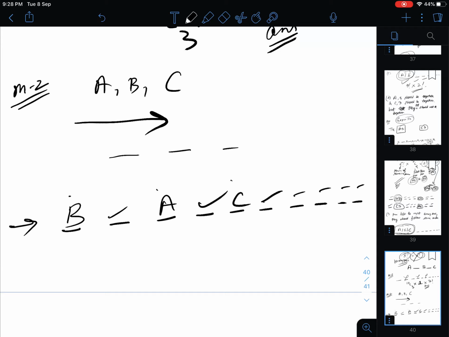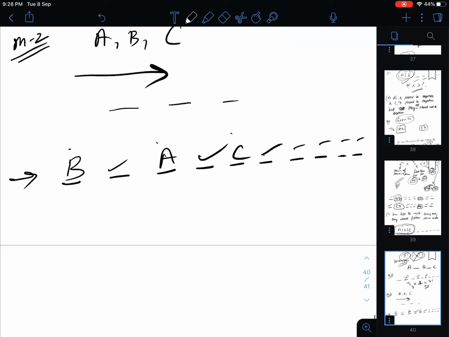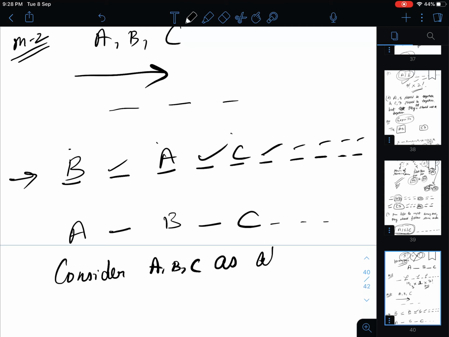but out of those 3 factorial permutations only one of them is important for us, which is A, B and then C. The remaining permutations are irrelevant for us because ordering is not relevant here amongst A, B and C. So what we are saying is consider A, B and C as alike objects.